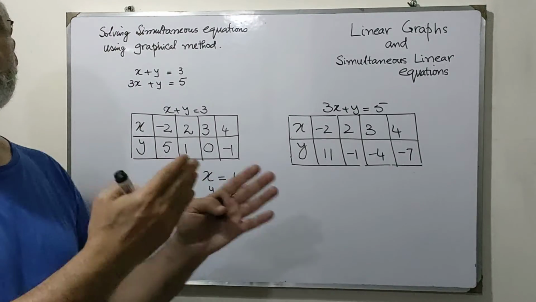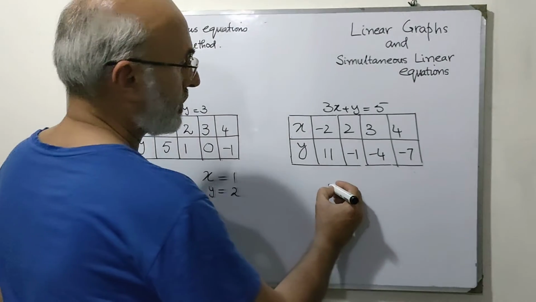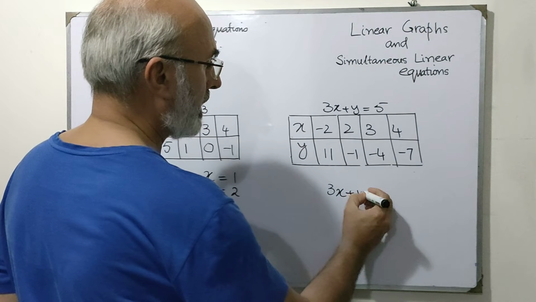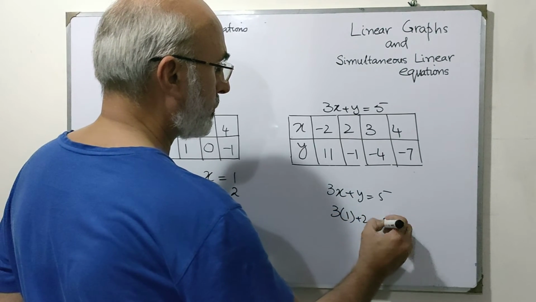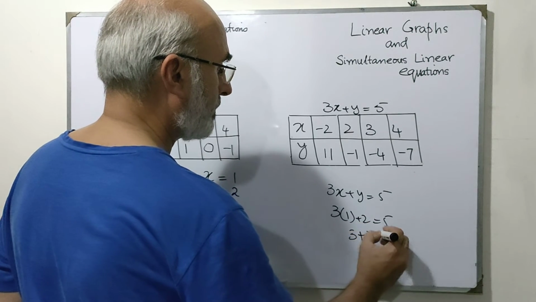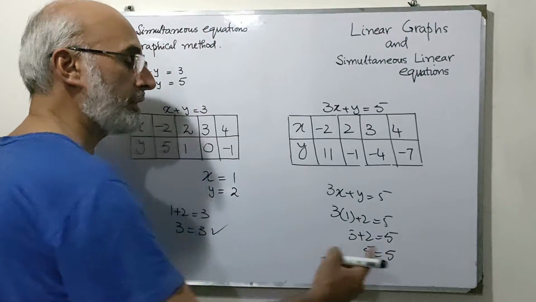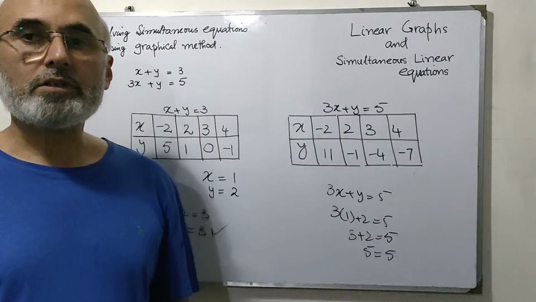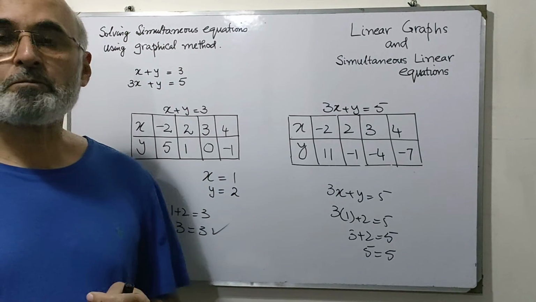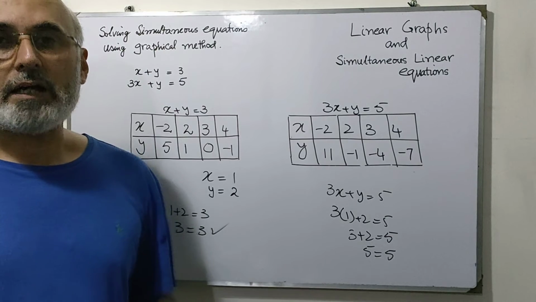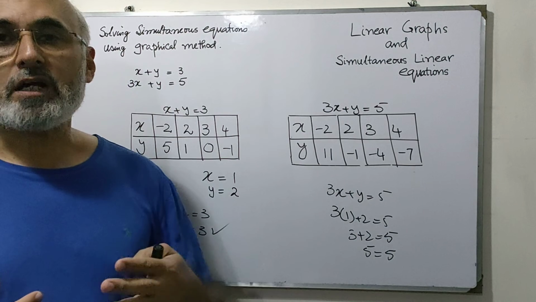Left hand side is equal to right hand side. Now 3x plus y is equal to 5, so 3 into 1 plus 2 is 3 plus 2, which is equal to 5. So 5 is equal to 5. Again, left hand side is equal to right hand side. So our solution is correct, and we have obtained the solution for the simultaneous equations through the graphical method. Hope you got the idea, and now you can solve simultaneous equations using a graph.